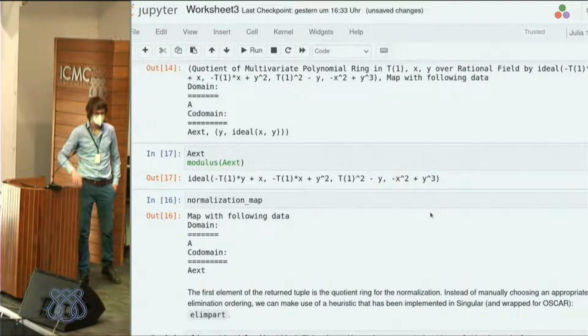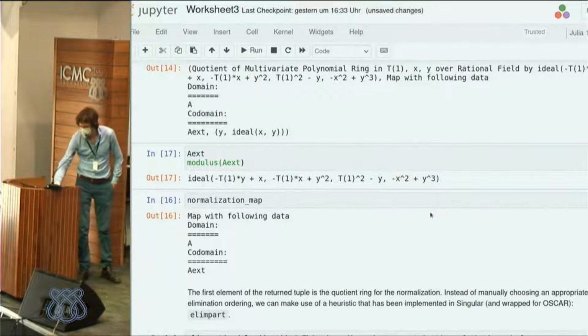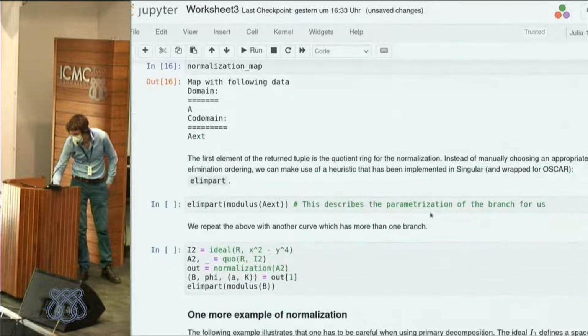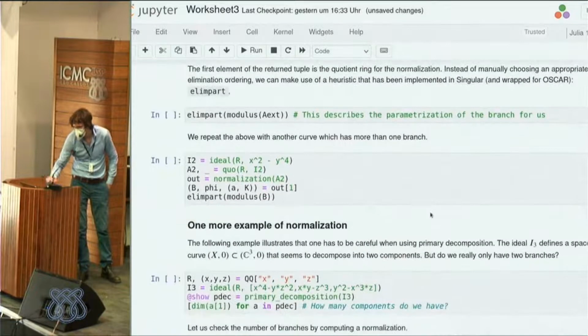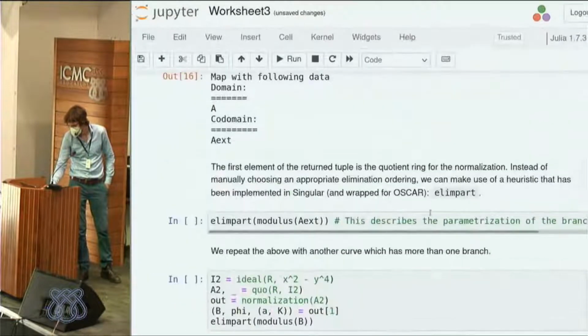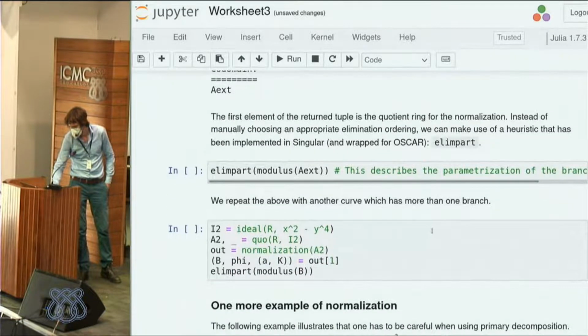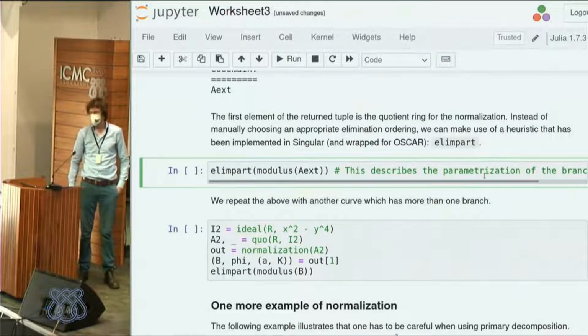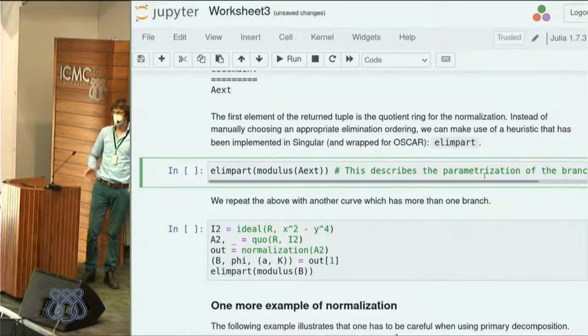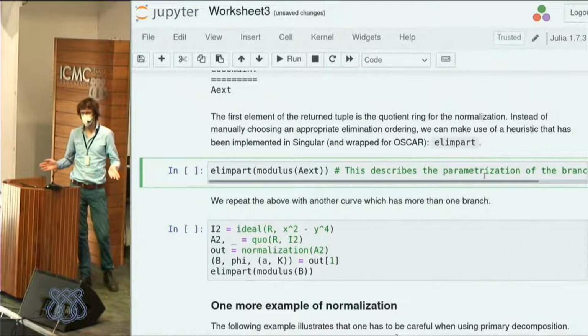Good. And now we go down 2 lines further down. Now, make it a bit more beautiful there. Use that elimpart. Right, elimpart. When you go back to the normal OSCAR, you may see that this command does not exist there.